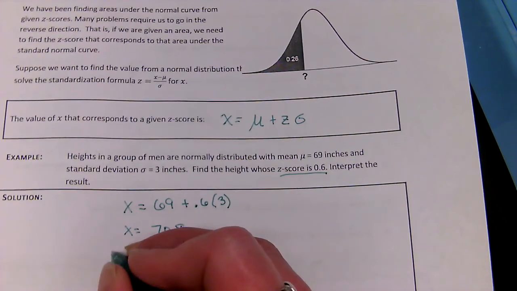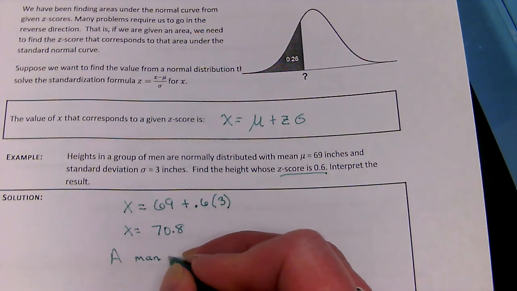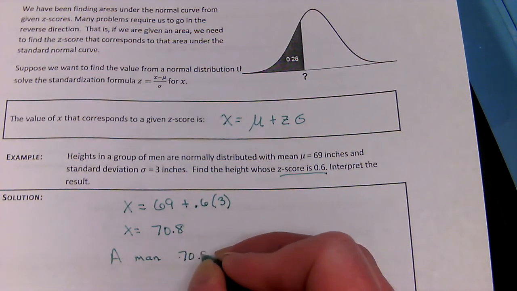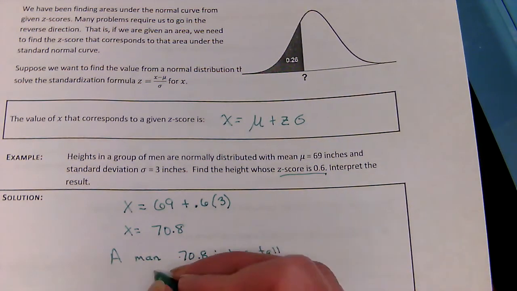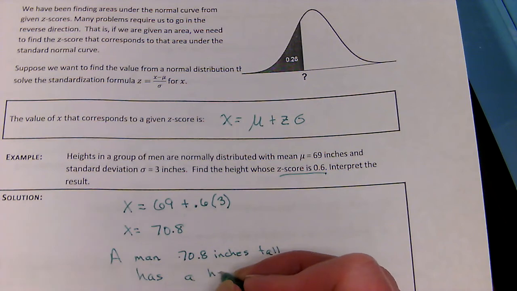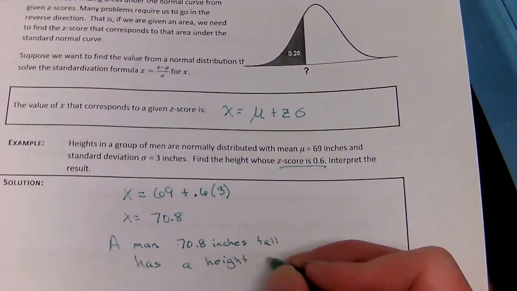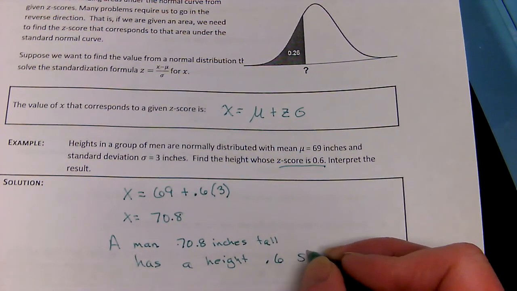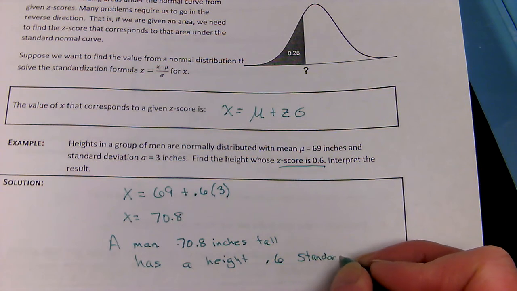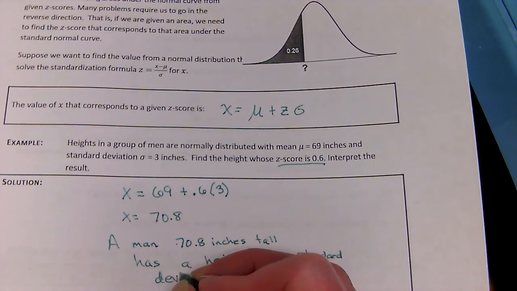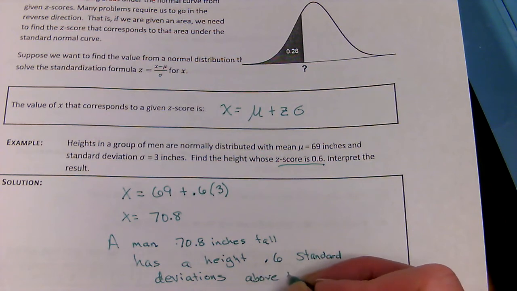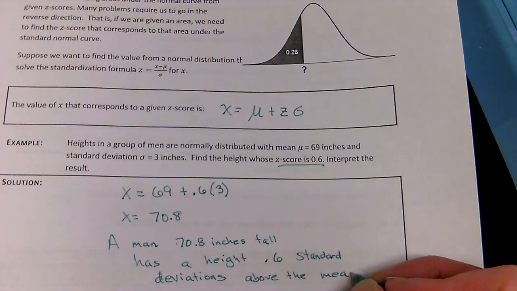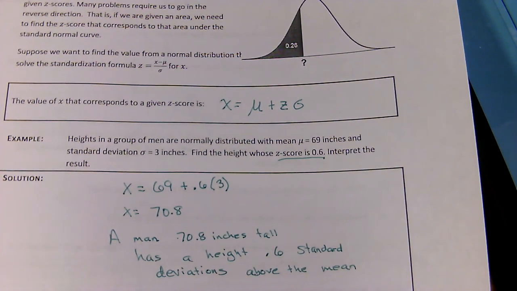And so a man 70.8 inches tall has a height 0.6 standard deviations above the mean. Remember, z-scores are a way of comparing maybe things that have different means.